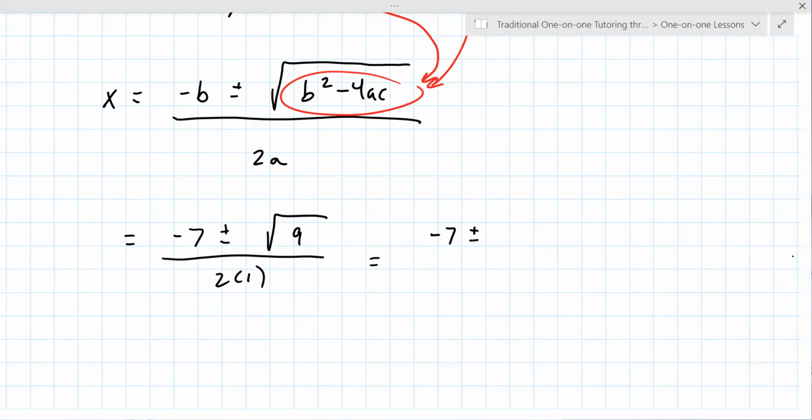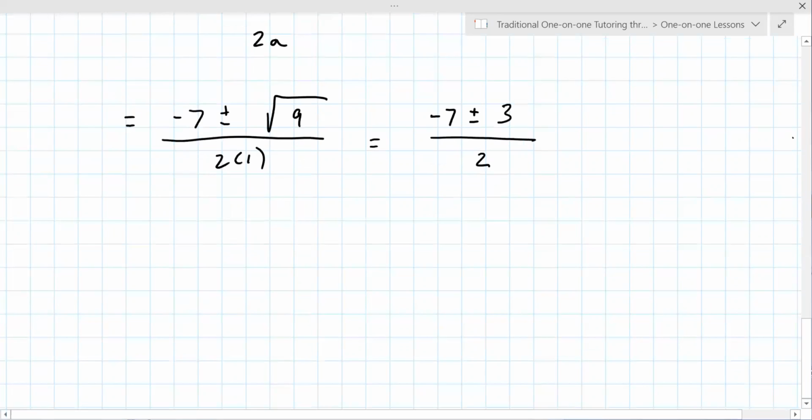Did you hear the question that I was asking, or do you want me to repeat it? One last time. What is the square root of 9? 3.